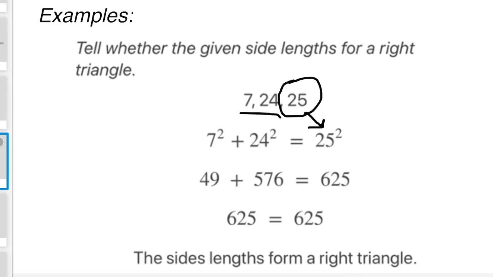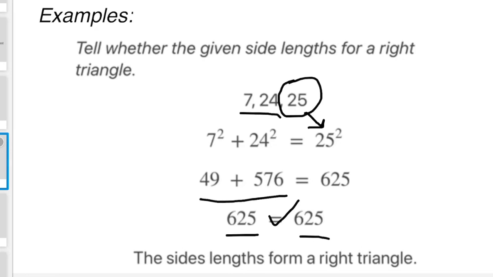We're going to go ahead and solve that out, solving both sides of the equation to see if it's balanced. So 7 squared is 49, 24 squared is 576, 25 squared is 625. Add 49 and 576, and we get 625 equals 625. This is true. 625 does equal 625.